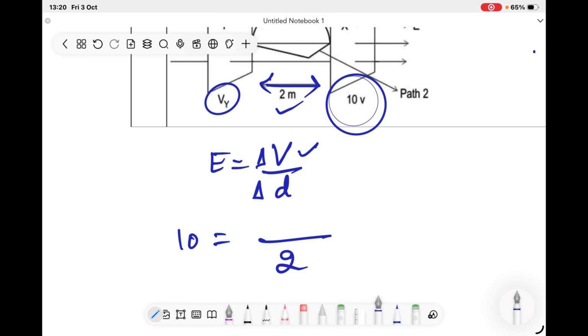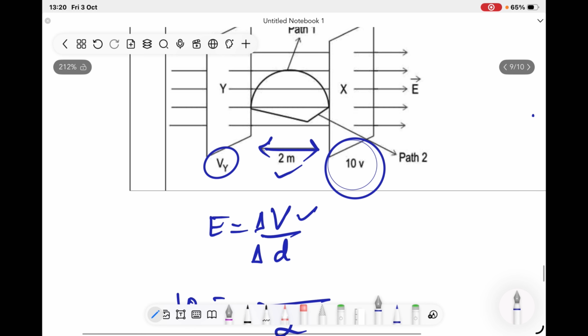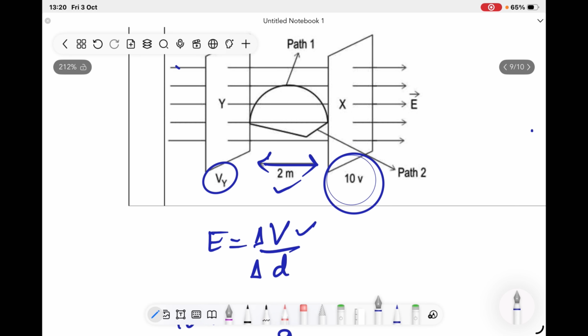Now del V we will have to write as Vx minus Vy or Vy minus Vx. Now you should make use of this property of electric field. The electric field is always directed from higher potential to lower potential. So you should know that X is at lower potential. This is at higher potential. So you can see we are making use of theory, previous knowledge. Del V is potential difference. Now whether it is to be written as Vx minus Vy or Vy minus Vx, that has to be taken care of.